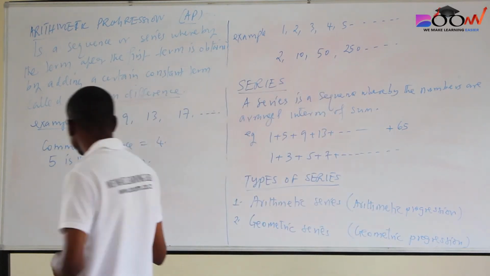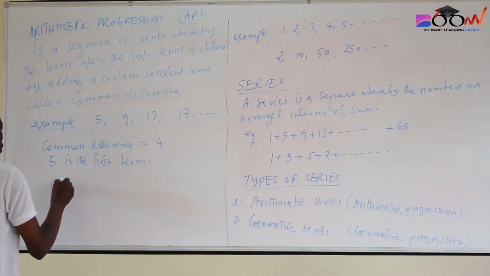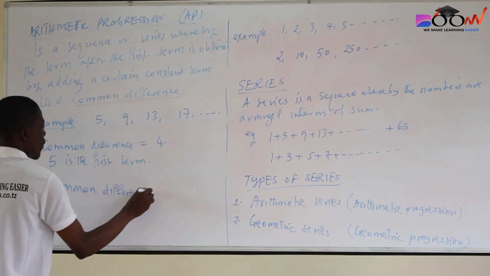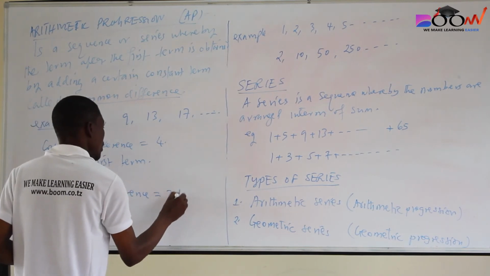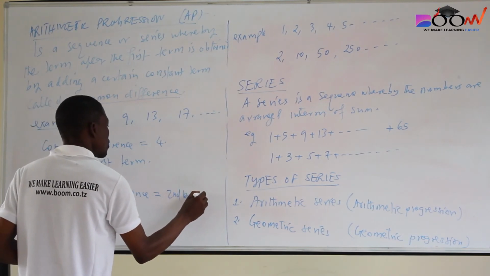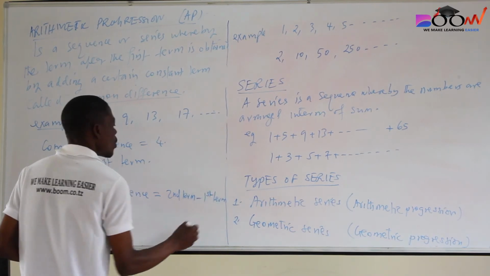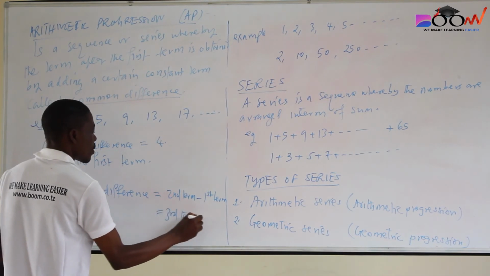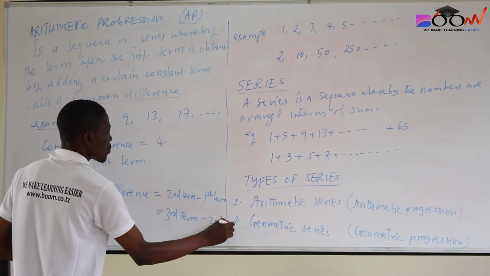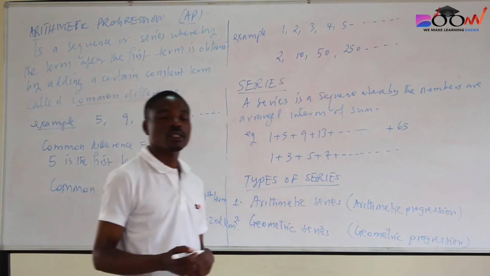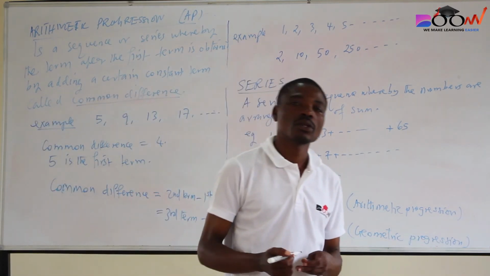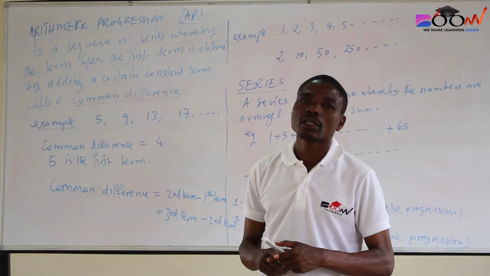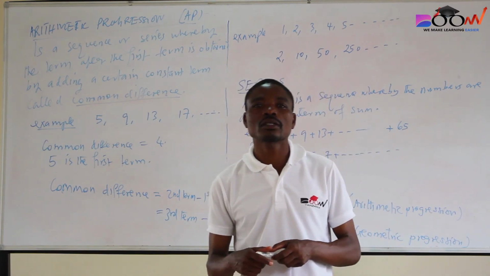The common difference is given by the second term minus the first term, or you can take the third term minus the second term, the fourth minus the third, the tenth minus the ninth, and so on.